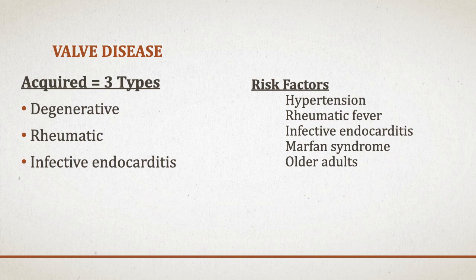So, whenever we talk about risk factors, we look at hypertension, rheumatic fever, infective endocarditis, Marfan syndrome, and like I just said, older adults, so the aging process. So when I gave the example of a kidney injury as a result of your valvular disease, you should monitor the urine output.